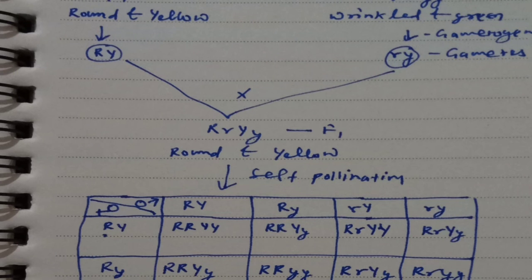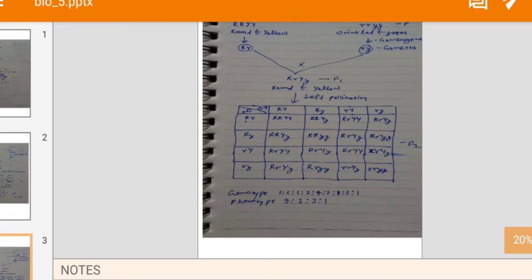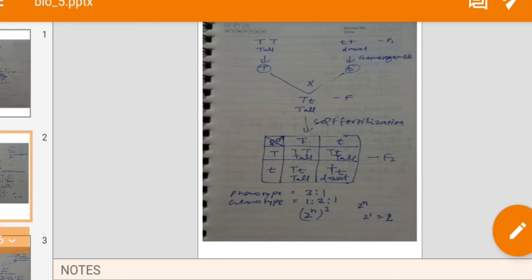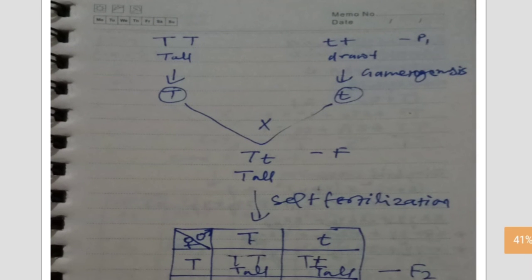Now what is the conclusion of this process, or what is the result declared by Mendel? So we need to see the monohybrid cross again. So this is the monohybrid cross. We have seen that out of two contrasting traits, tall and dwarf, only one trait is expressed in the F1 generation, either tall or dwarf.